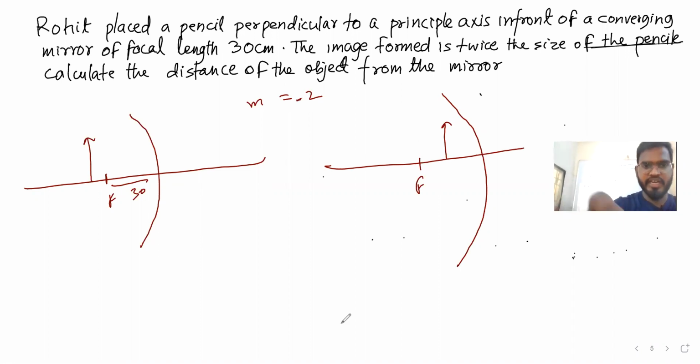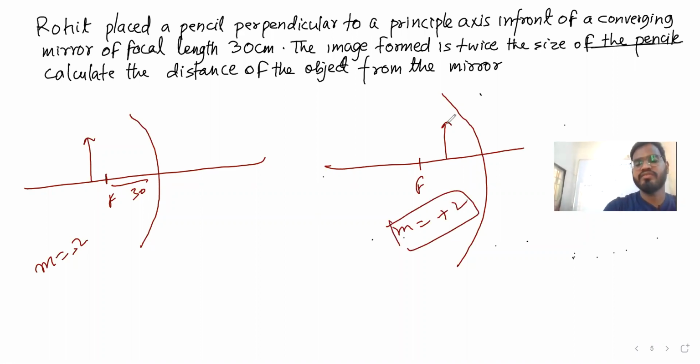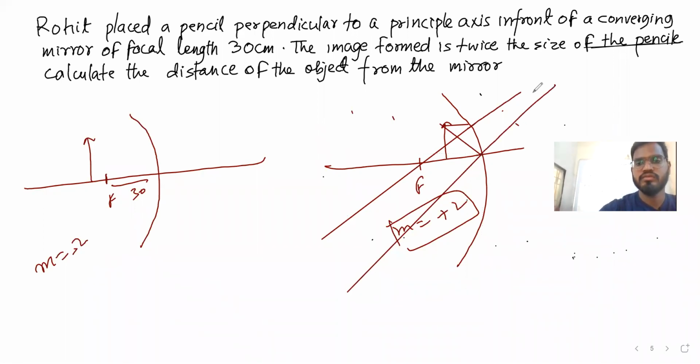Let's write it down so that it is easy to understand. Here the magnification is -2. Here the magnification is +2, because we also know that if we place the object between pole and focus, the image will be beyond the mirror, somewhere here, it will form.